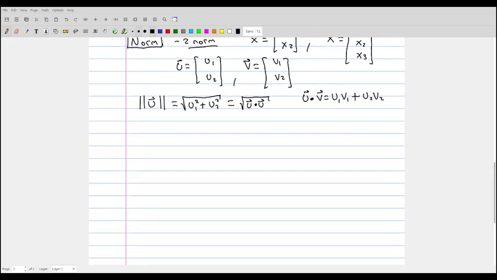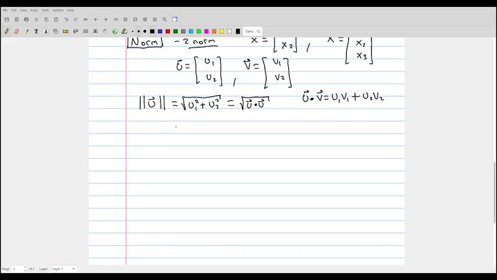We'll talk a little bit more about the dot product later, because it's going to come up when we talk about the directional derivative and defining the chain rule for multivariable functions.